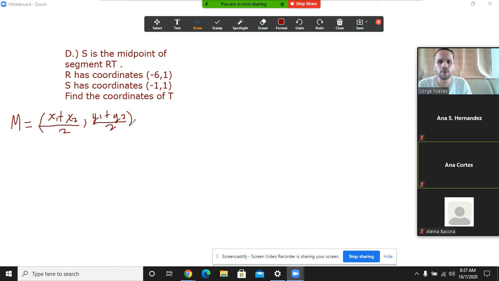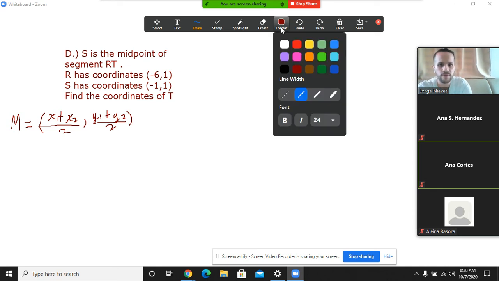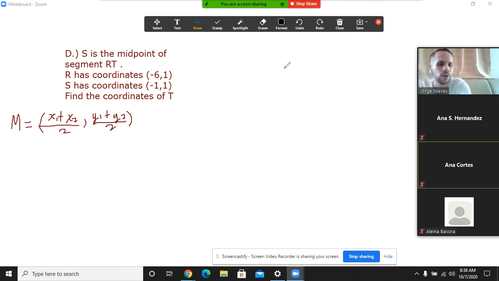¿Qué tengo ahora mismo de la fórmula, mi gente? ¿Quién me dice? What do I have from the formula? ¿Verdad? ¿Qué puedo poner en la fórmula? ¿Qué puedo sustituir? ¿Quién me dice? Tengo la M. ¿Cuál es la M? Lo dice el problema. ¿Cuál es el midpoint? ¿Cuáles son las coordenadas del midpoint en este ejercicio?